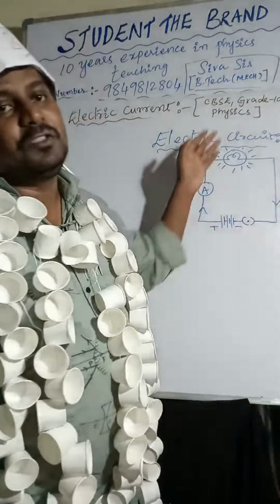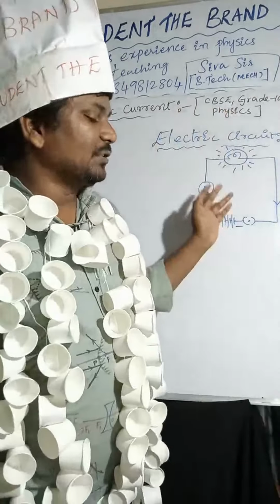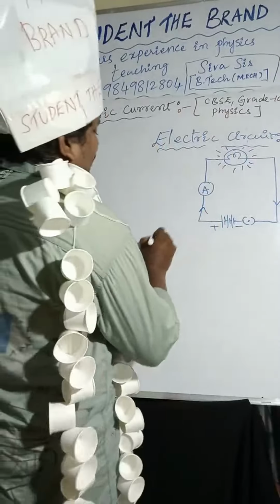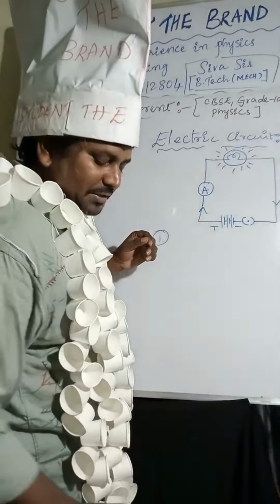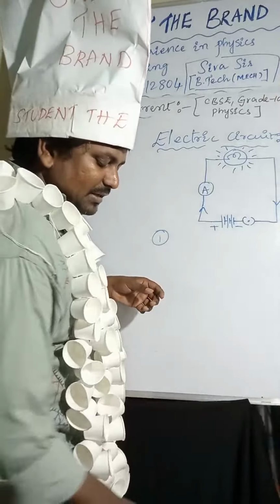So the flow of positive charges is considered as a conventional current. The flow of electrons is considered as the electric current.